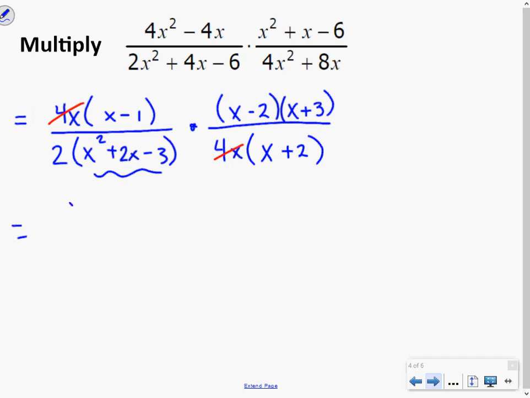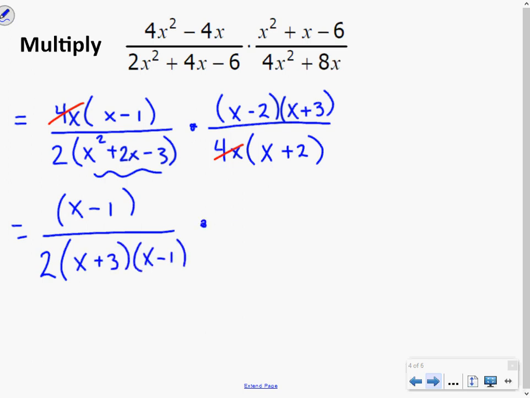So right now we have x minus 1 in the numerator. And then if I factor that trinomial there, I am going to get an x plus 3 times x minus 1. And you probably notice that we have some other common binomials that will factor now.